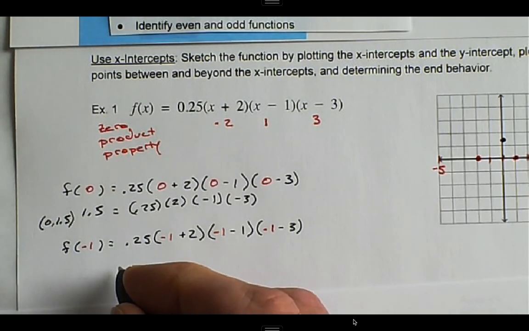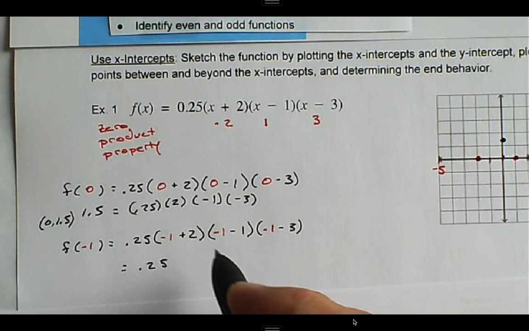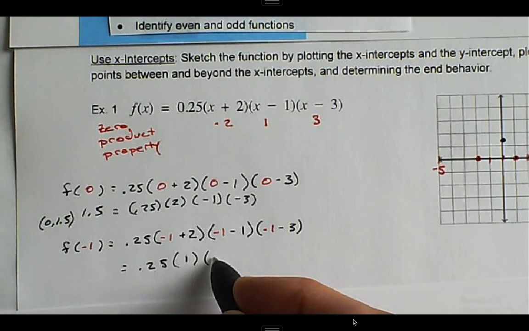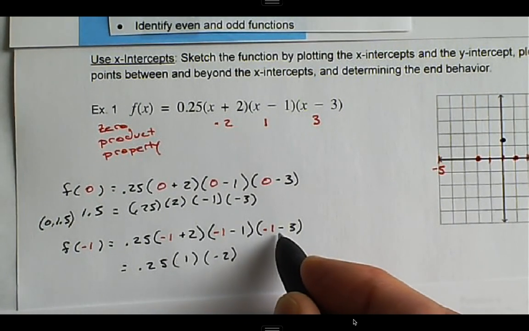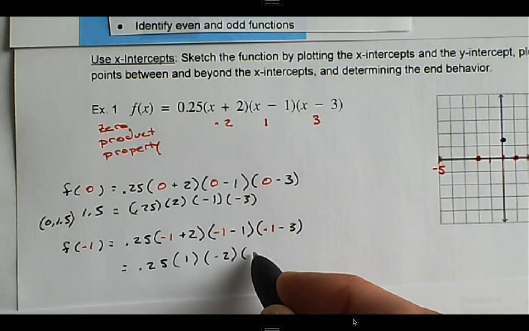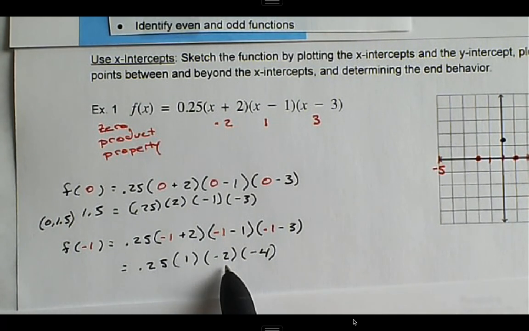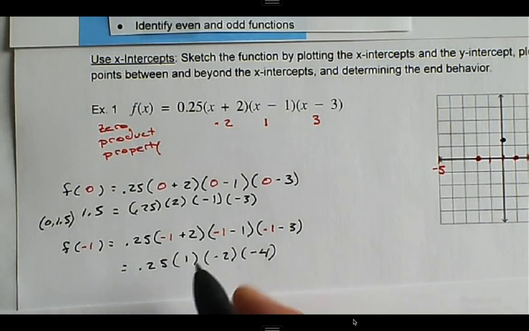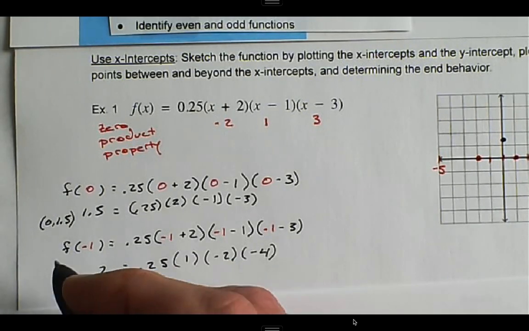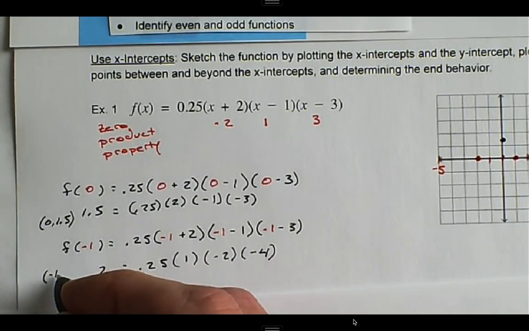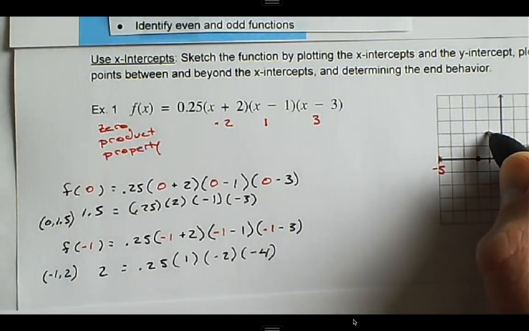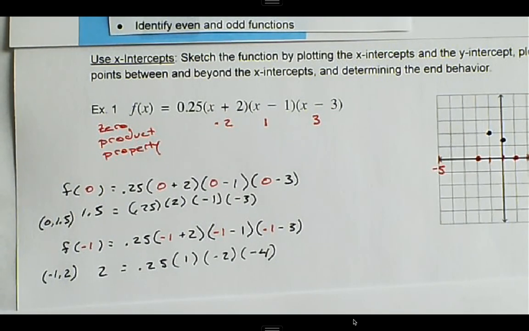Then we get 0.25 times: negative 1 plus 2 is 1, negative 1 minus 1 is negative 2, and negative 1 minus 3 is negative 4. Negative 2 times negative 4 is 8, times 1 is still 8, times 1/4 is equal to 2. So we have the ordered pair (-1, 2). If we go over on our graph to -1 and then up to 2, we're starting to see what our graph is going to look like.